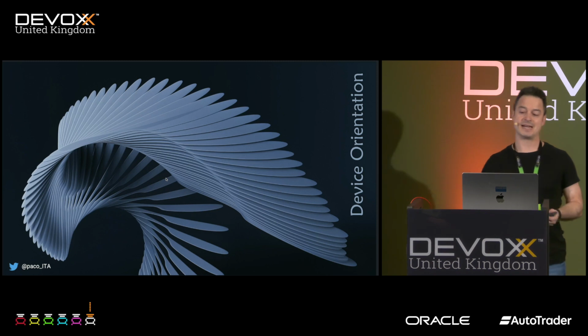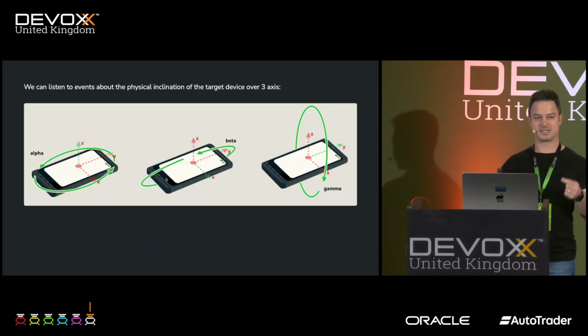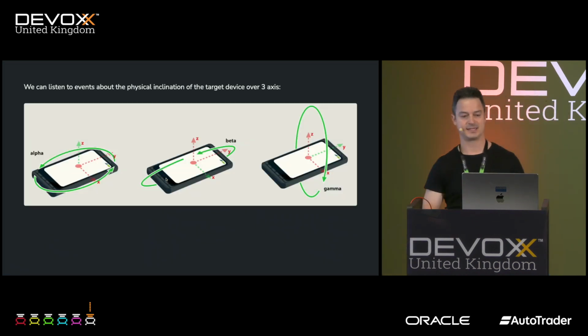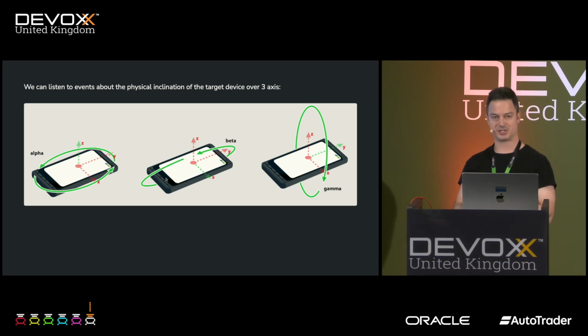Another nice API that is also part of the sensor API is the device orientation. We can listen to different events that tell us the physical inclination of our phone over 3 different axes. Alpha means left to right, beta back to front, and gamma tilting.